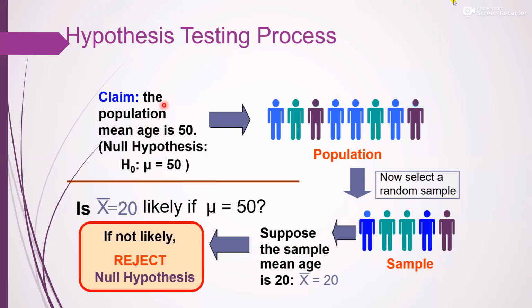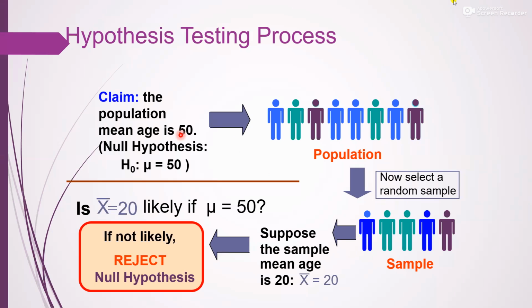So now we want to decide, we are looking at the employees. They are working in a particular company, right? Employees in a company. And the company believes that the average age of the employees is 50 years, right?